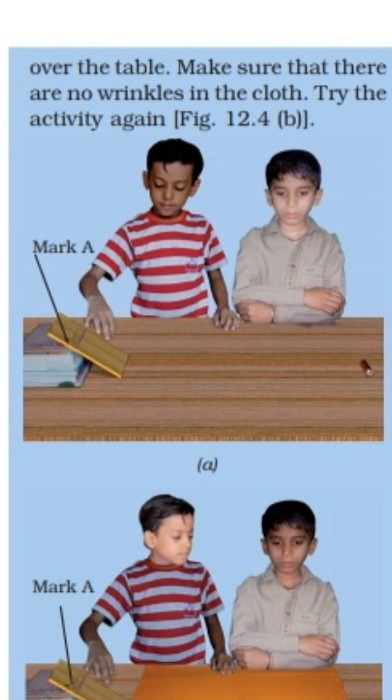Here you can see the picture. Two students are performing this activity. Here we prepare an inclined plane with the wooden board on the table. Then you mark point A. From point A you release the pencil cell, and whatever distance is covered by the pencil cell, you have to mark and measure it.